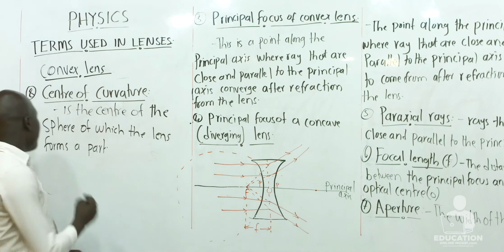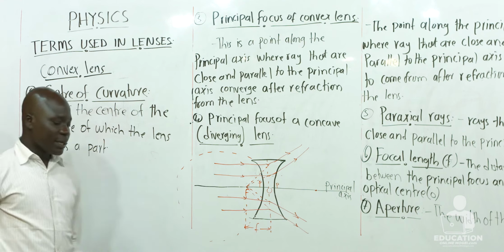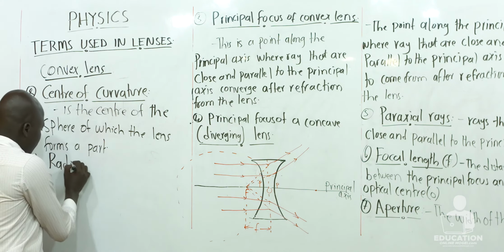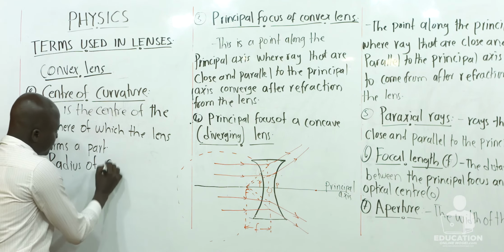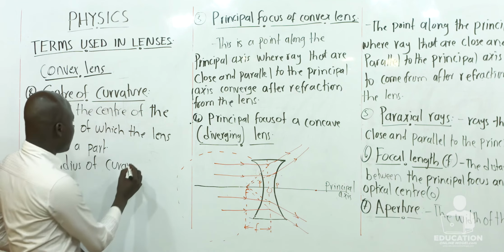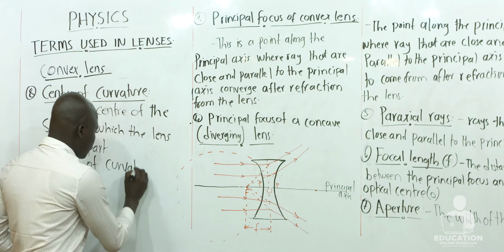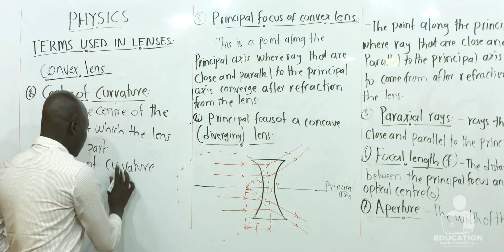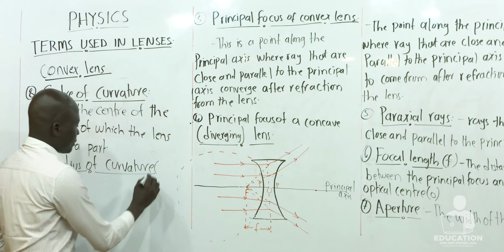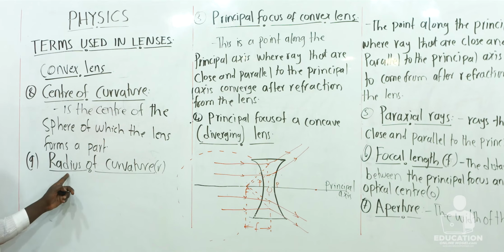Then the next term, the last term that we are going to look at as we are dealing with lenses, is called the radius of curvature. What do we understand by the radius of curvature?